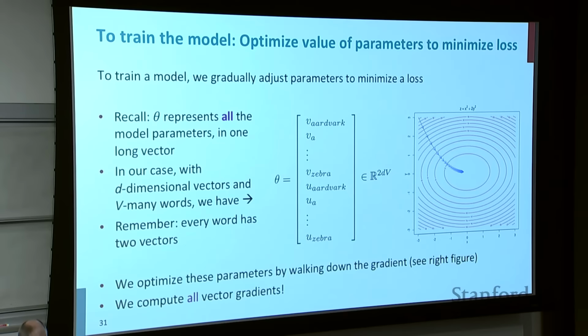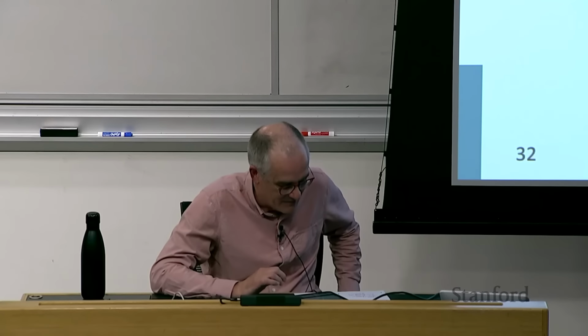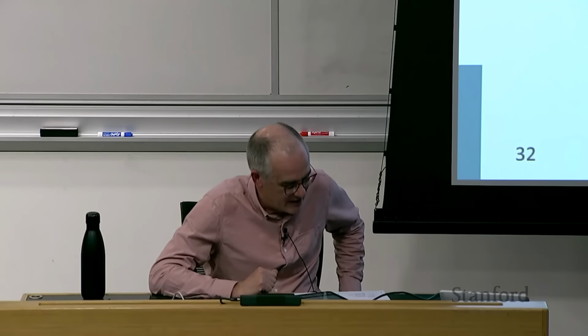I'm not going to quite get to the end of what I hope to do today, but I wanted to take a few minutes to go through concretely how we do the math of minimization.